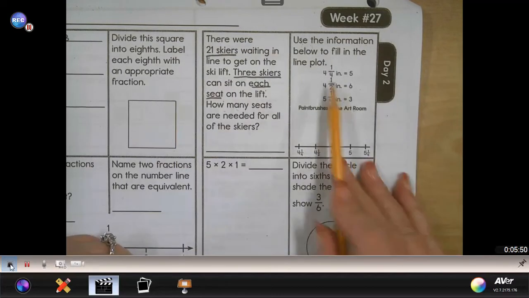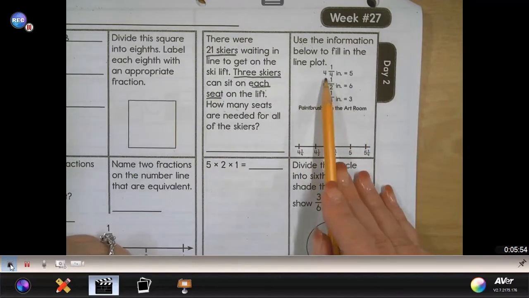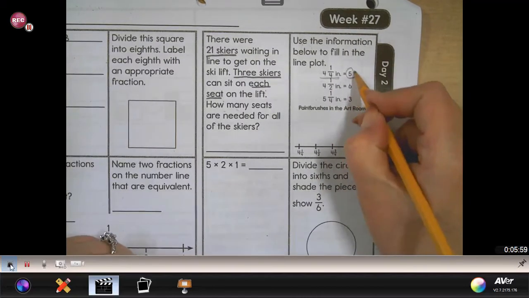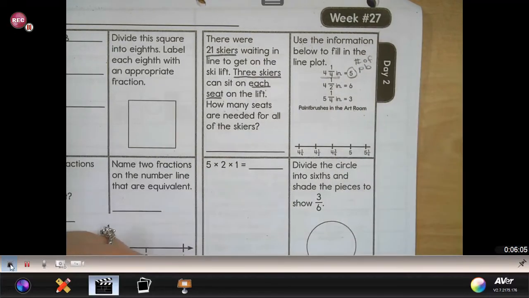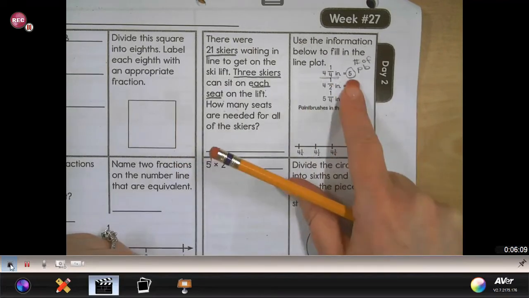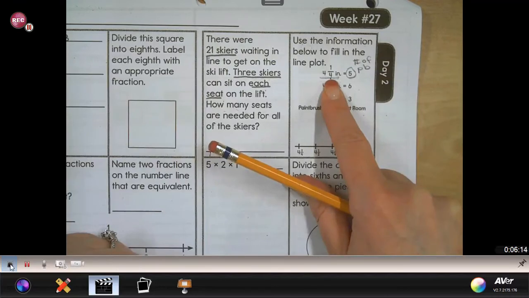It's showing us paintbrushes in the art room. This is the length of the paintbrushes, and this is the number of paintbrushes. I'm going to put PB for paintbrushes. And this is how long they are. They're telling us that 5 paintbrushes are 4 1/4 inches long.